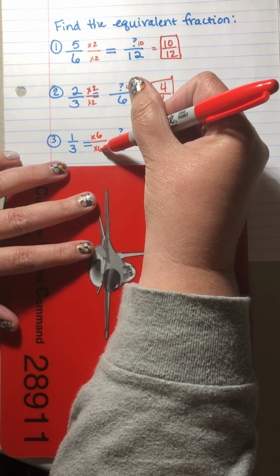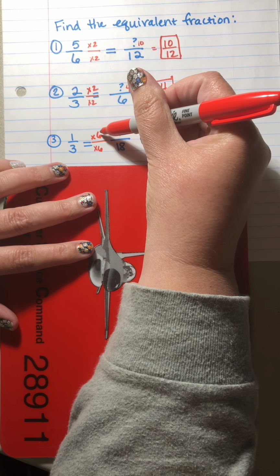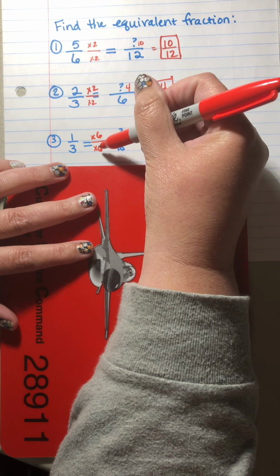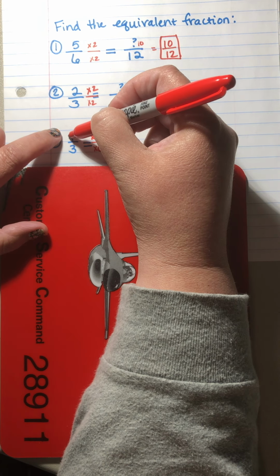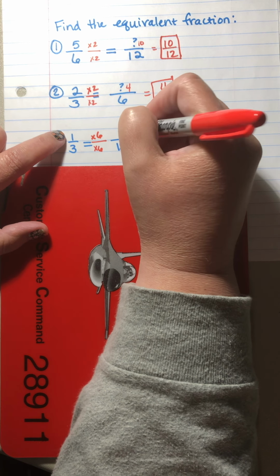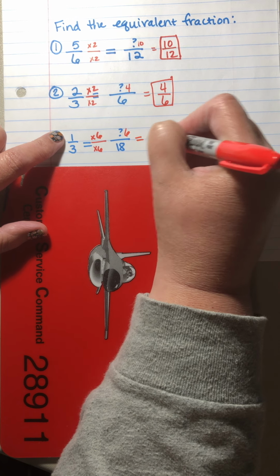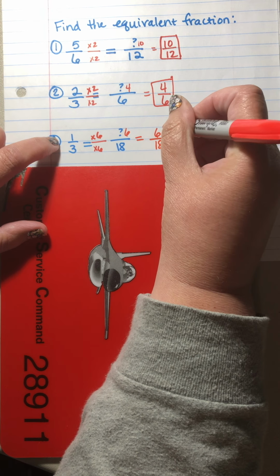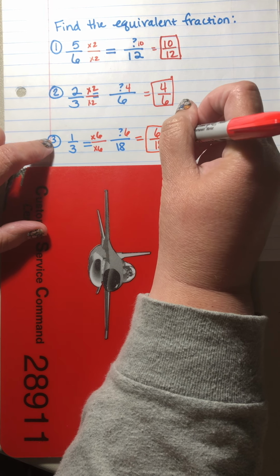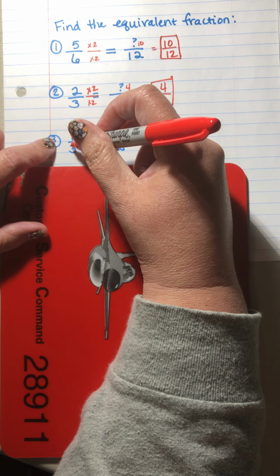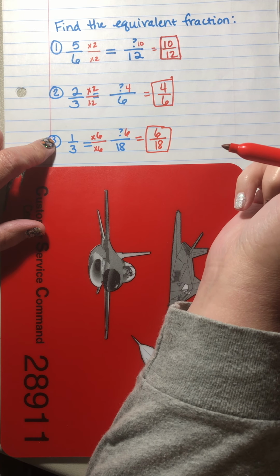And what I do to the bottom, I need to do to the top. So I'll have 6 over 6 to equal 1. So 1 times 6 equals 6. So that is equal to 6/18. So 6/18 is an equivalent fraction to 1/3. Okay?